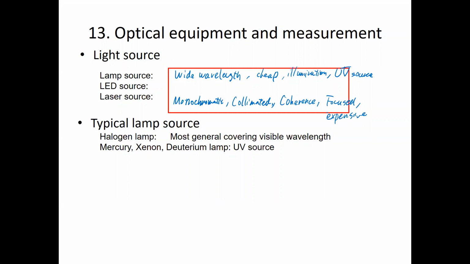The price of LED is now probably in the middle, but actually LED is getting cheaper and cheaper because it can be mass produced. So this is made of the semiconductor device, so mass produced.